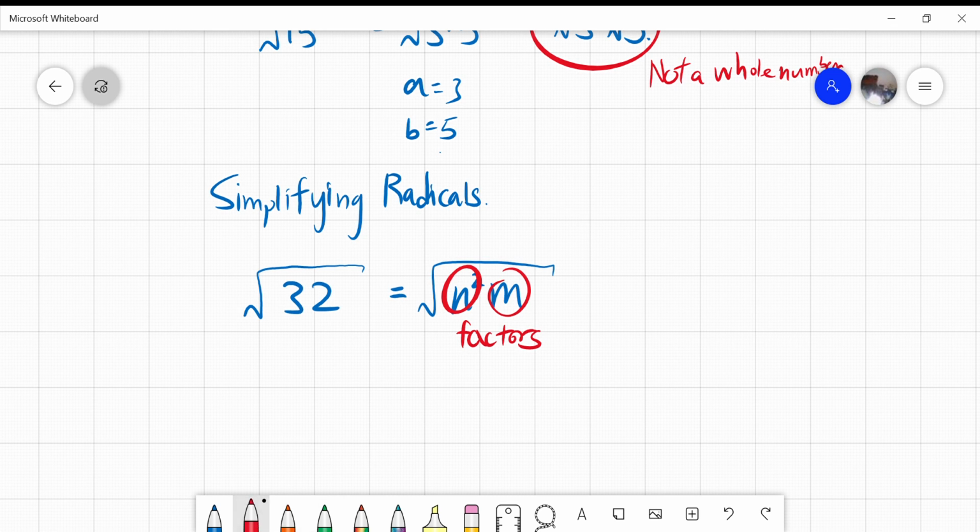Let's draw our factor tree here, and we know that 32 is equal to 8 times 4. Aha! Well, we see that 4 is a perfect square.